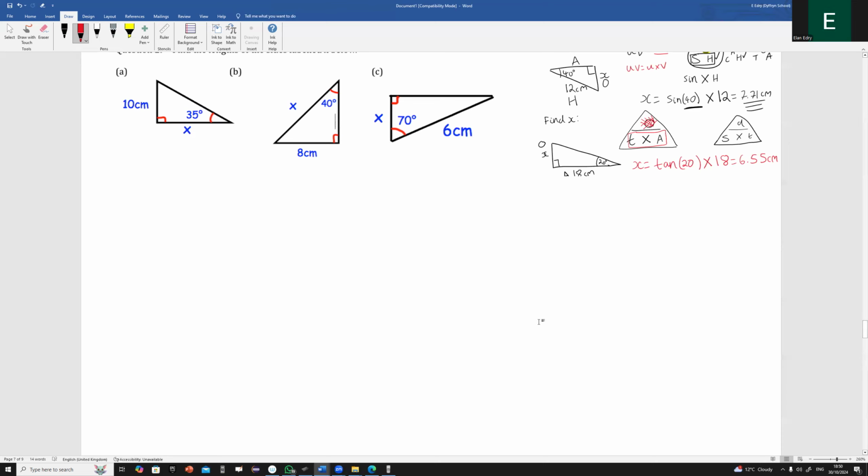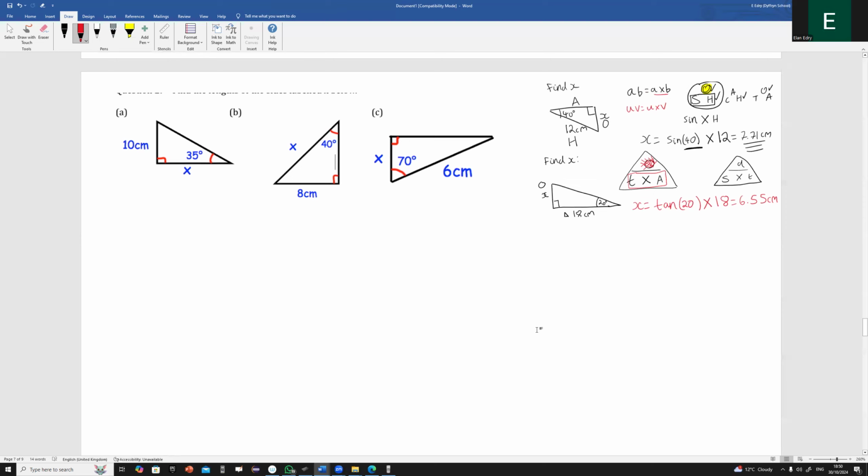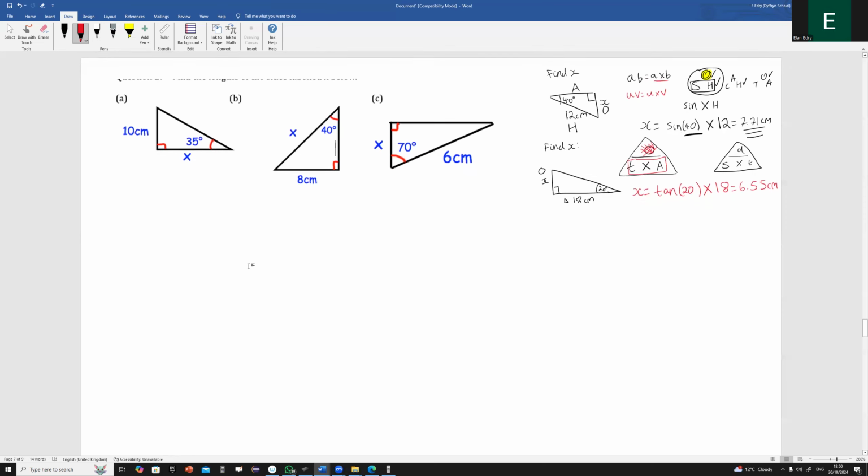Okay, so remember what you've got to do: you've got to label, choose the right formula, and then decide whether you times or divide and plug it in. Let me know if you're stuck, but have a go at finding X for these three triangles.